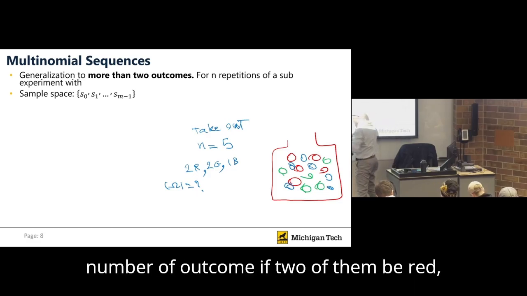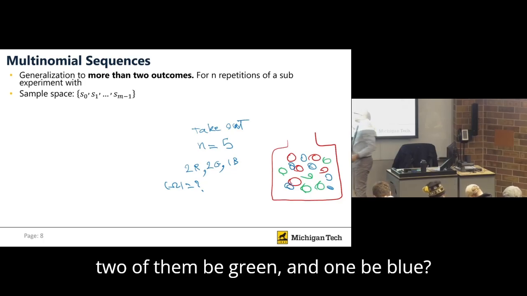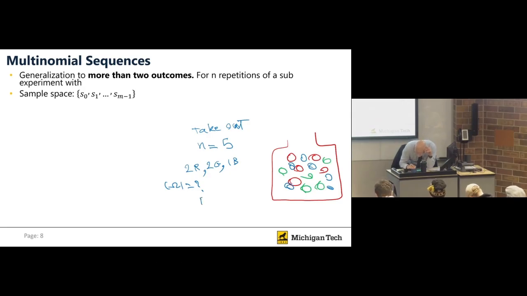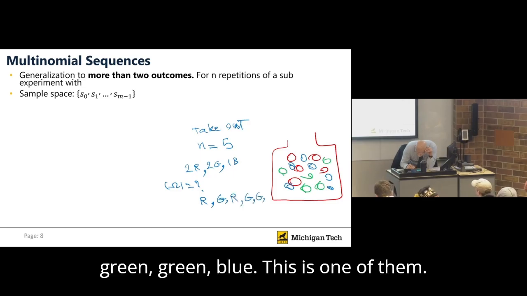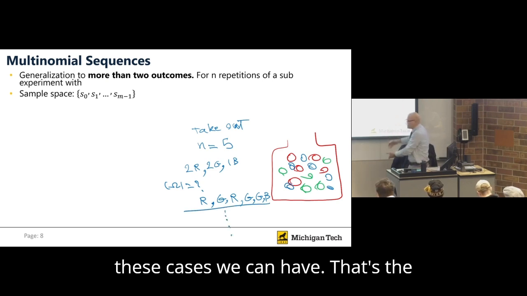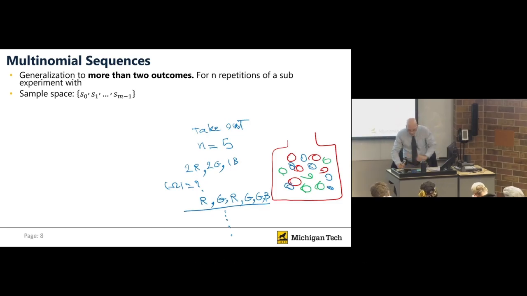What is the number of outcomes if 2 of them are red, 2 are green, and 1 is blue? For example, red, green, red, green, blue. This is one of them. You need to find how many of these cases we can have. That's the number of outcomes, of course.